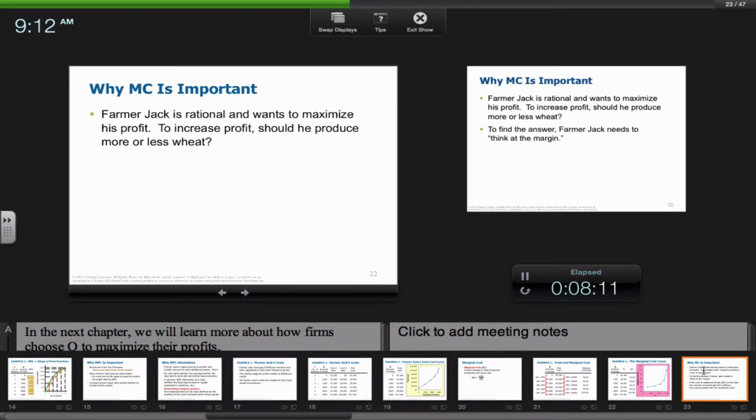Farmer Jack is rational and wants to maximize his profit. So to increase profit, should he produce more or less wheat? This is often a startling idea. To make more money, to increase my profit, I should actually do less. That's entirely possible.